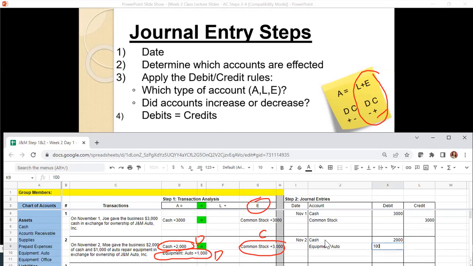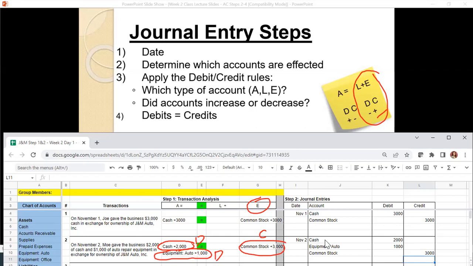So I'm going to put 1,000 there. Again, I don't need to put the plus or the minus. It's not necessary because I already know because it's a debit that it's an increase. And then common stock, I'll put here, and that is 3,000 increase. Okay. So that is how journal entries work.